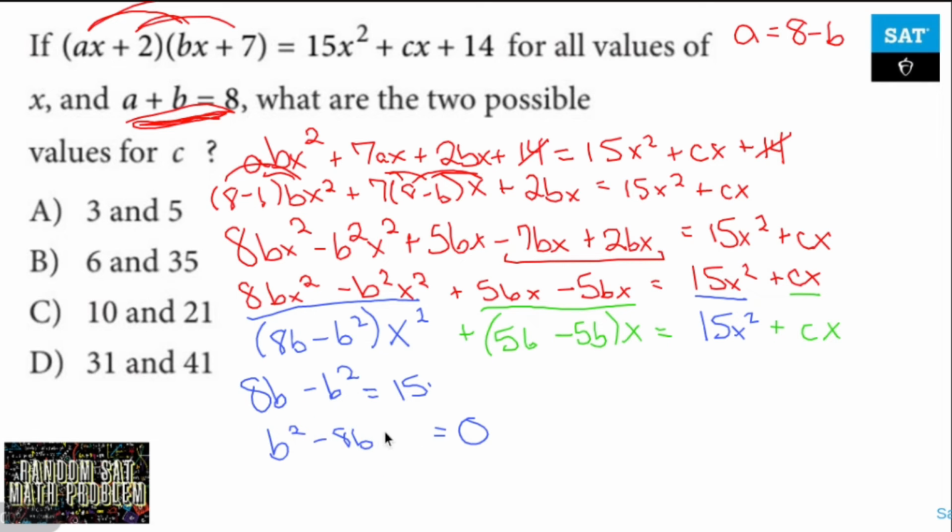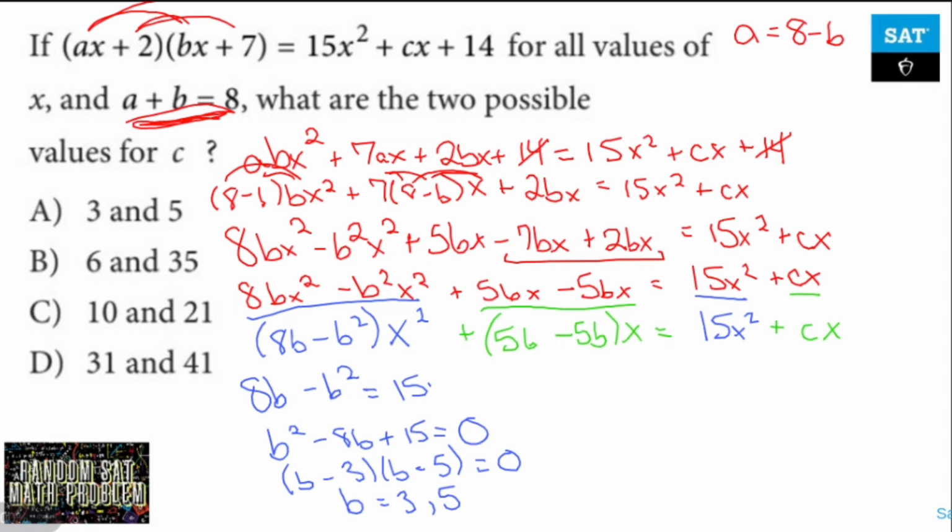Look at that: b squared minus 8b plus 15 equals 0. I should be able to get (b minus 3)(b minus 5) equals 0, which means b is 3 or 5.